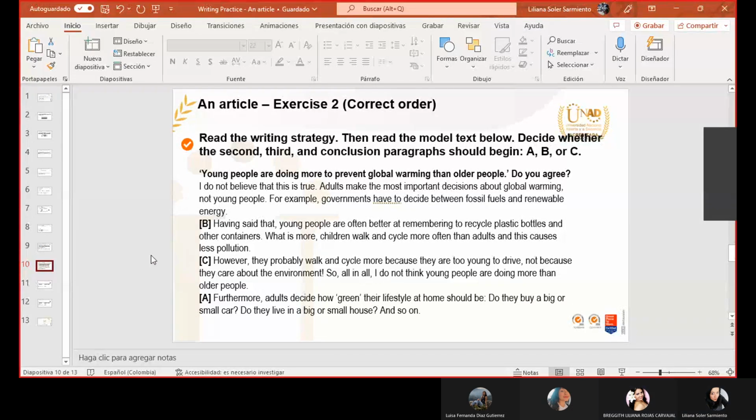Young people are doing more to prevent global warming than older people. Do you agree? I do not believe that this is true. Adults make the most important decisions about global warming, not young people. For example, governments have to decide between fossil fuels and renewable energy.